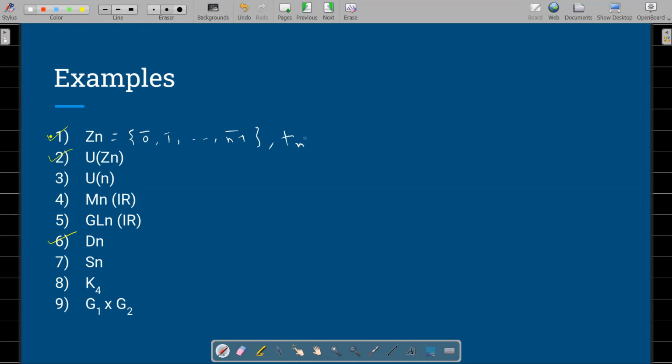Under addition modulo n, it is an abelian group of order n. Maybe like Z4, you can try to prove on your own in general that Zn is a group.